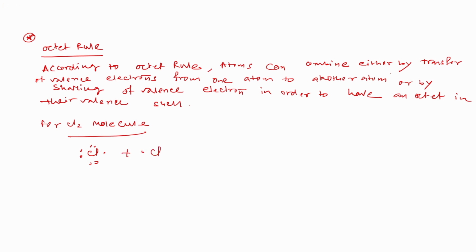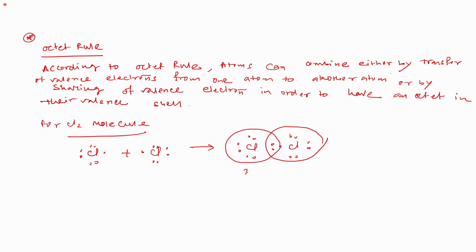And for this another Cl atom, they are forming a covalent bond by the sharing of bonded electrons. So here it is also 8 electrons. Now the valence shell is equal to 8 electrons, and they are forming Cl-Cl. So this is the covalent bond.